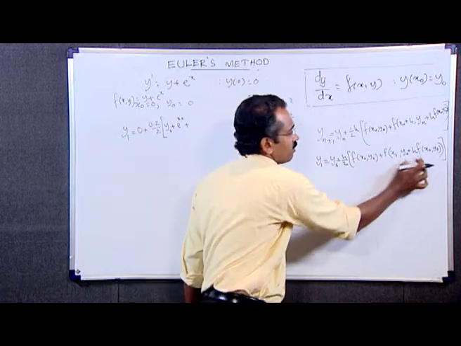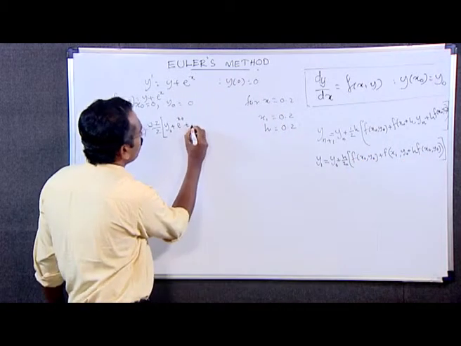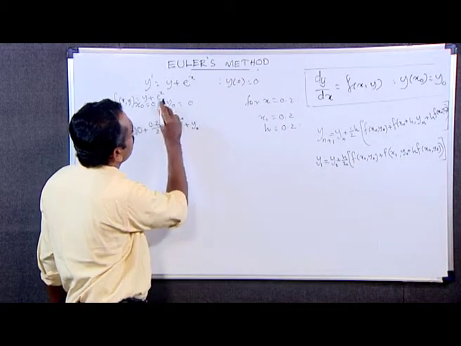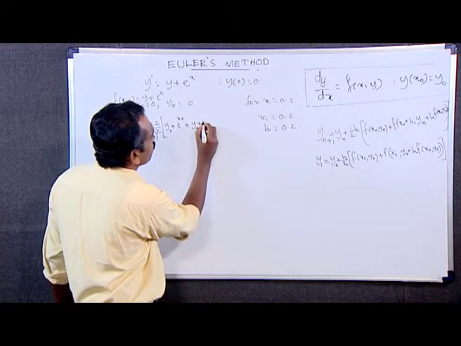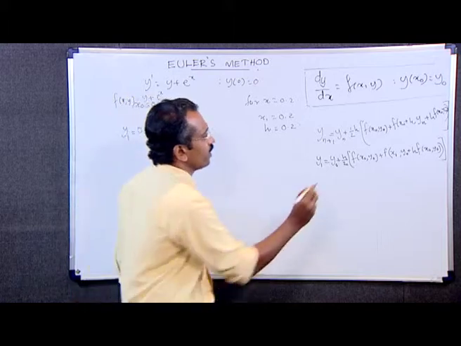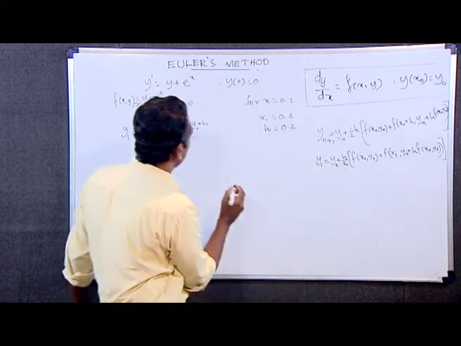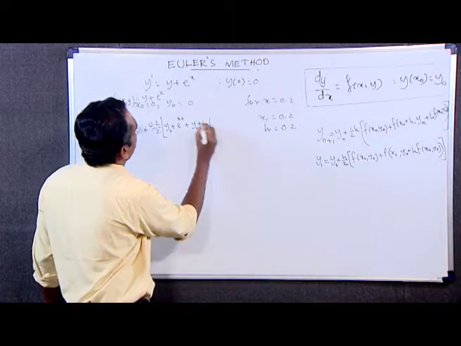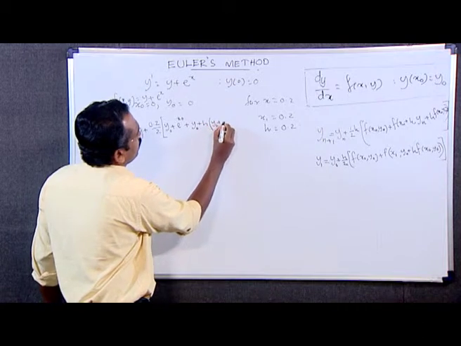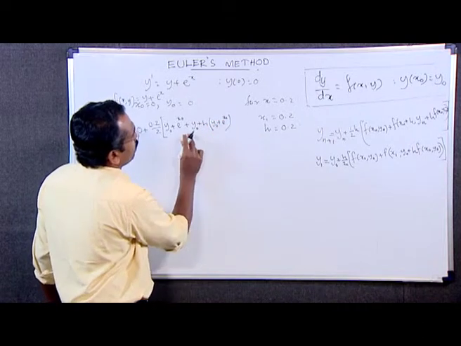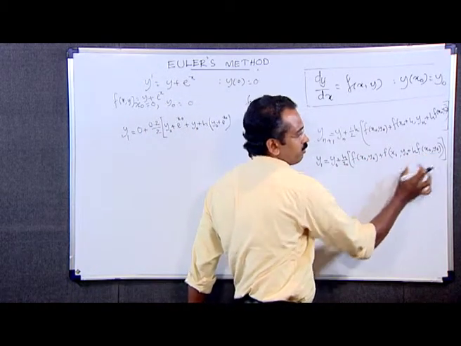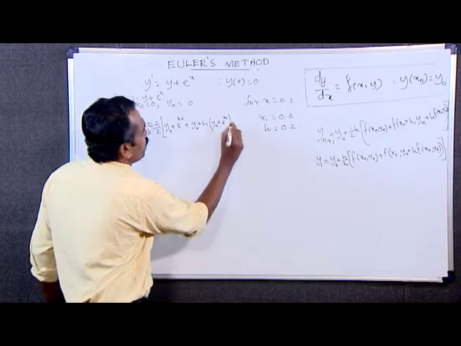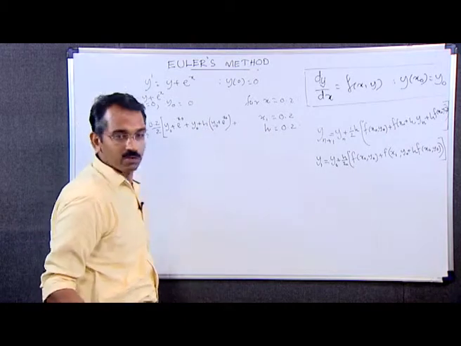Therefore, we can write y naught plus h into f of x naught y naught, that is y naught plus e raised to x naught, this is the second coordinate, plus e power the first coordinate, that is e power x1.